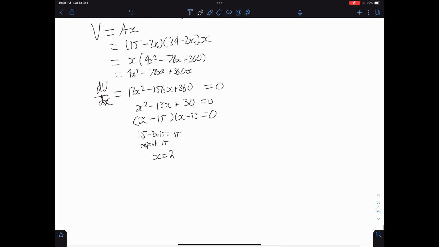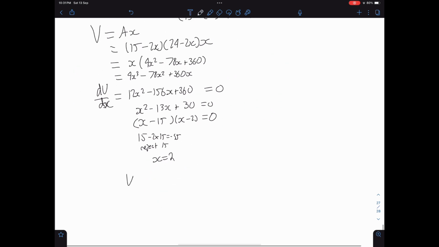And let's see, the volume of that would be 4 times 2 cubed minus 78 times 2 squared plus 360 times 2.